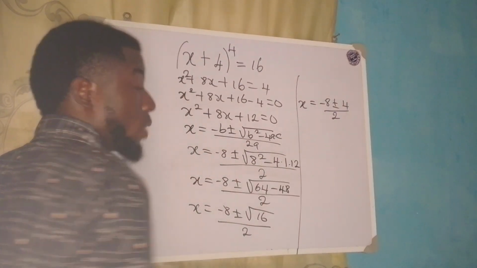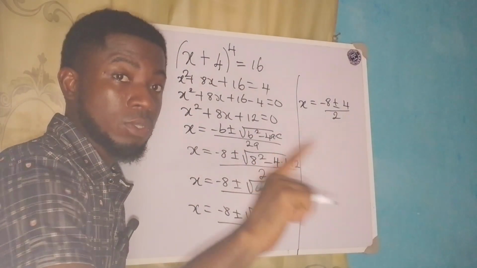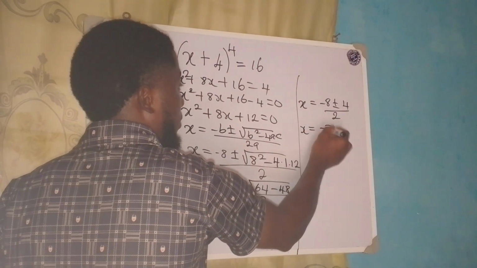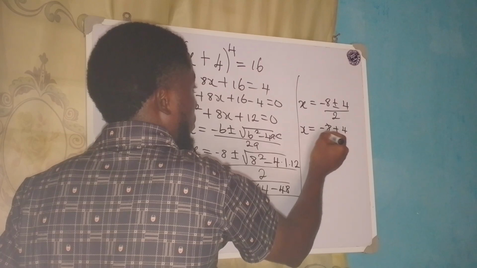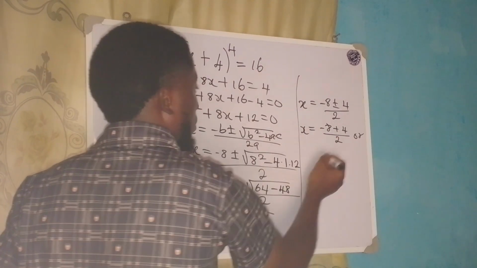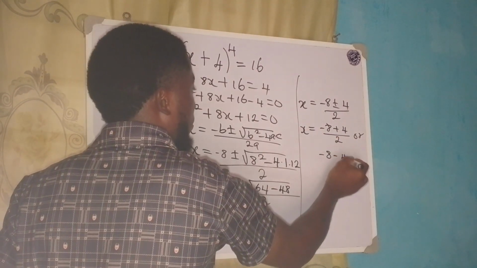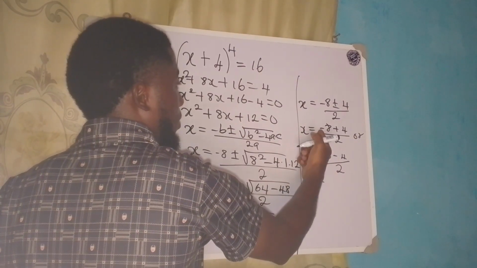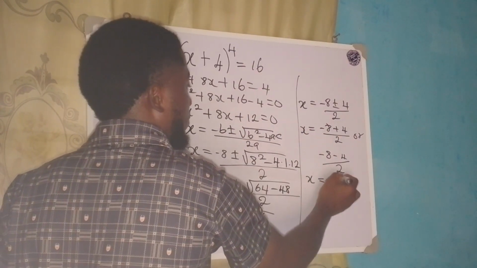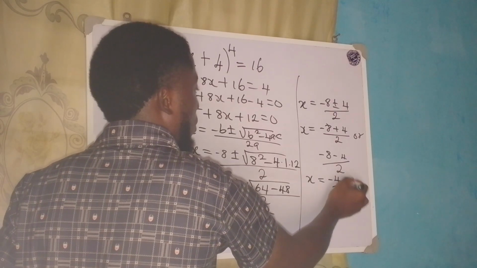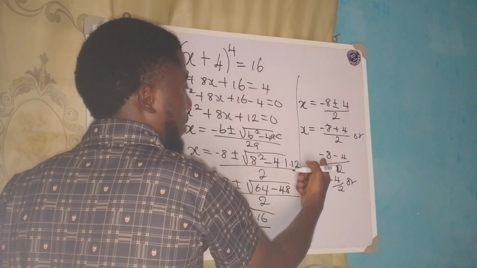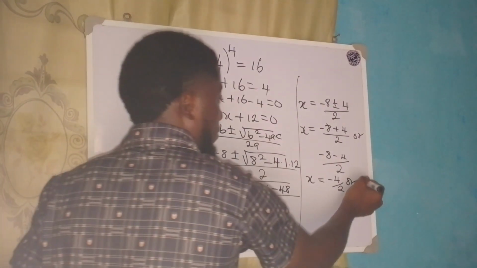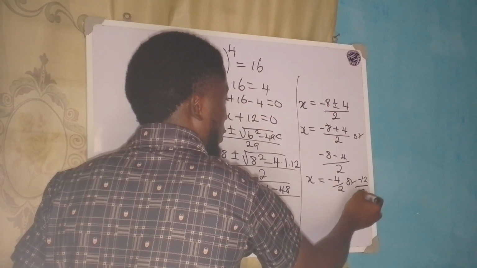Now, this is a 2-in-1 solution because of the plus or minus. So now our x will be minus 8 plus 4 over 2, or minus 8 minus 4 over 2. Now x is equal to minus 8 plus 4, which gives us minus 4 over 2, or minus 8 minus 4, which gives us minus 12 over 2.